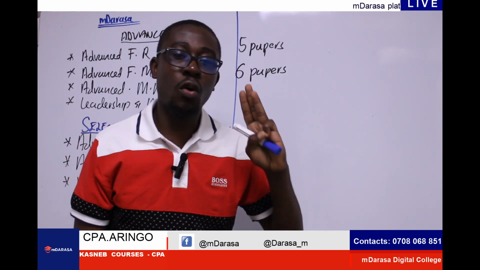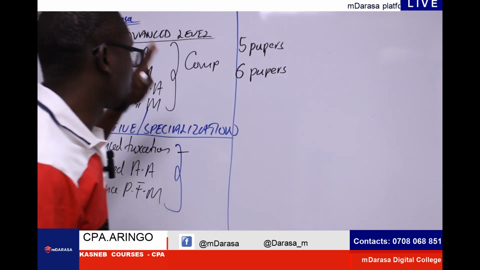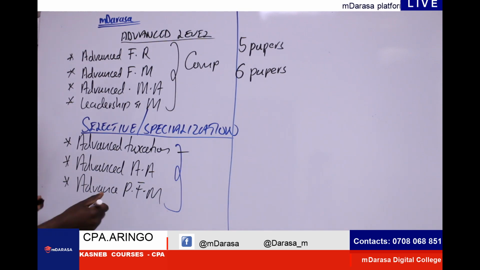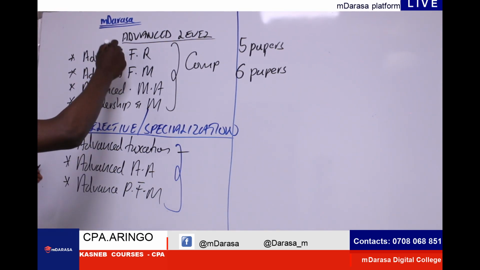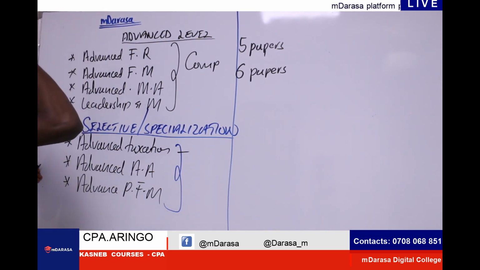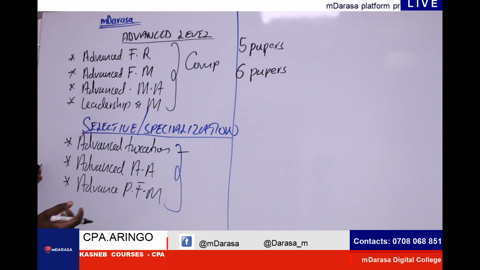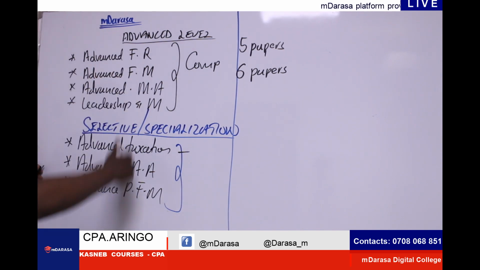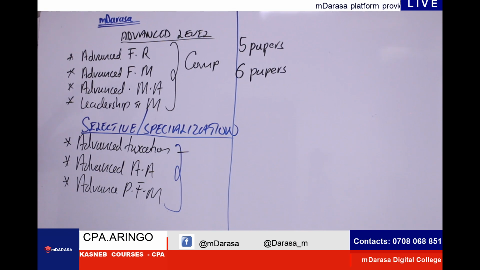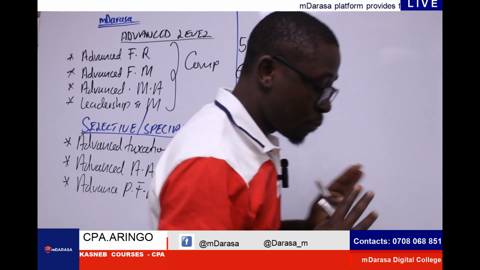So you have to pick, for example, advanced FR, advanced FM, and advanced MA, or any three. You can also decide to take advanced FR, advanced taxation, and probably advanced FM. This is purely up to you.